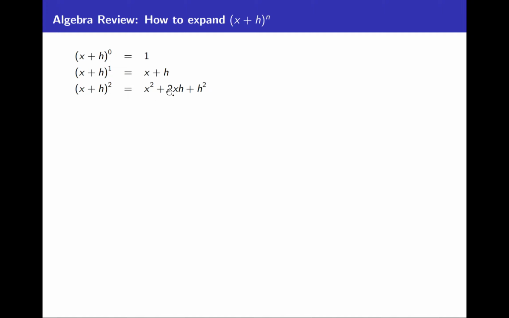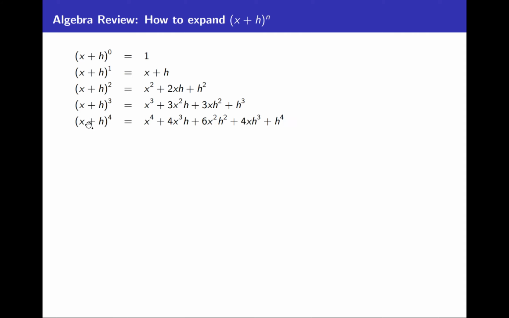It's x squared plus 2xh plus h squared. To get x plus h cubed, you'd multiply x plus h times this x plus h squared, and in collecting like terms, you get what we had on the previous slide. x plus h cubed is x cubed plus 3x squared h plus 3x h squared plus h cubed.